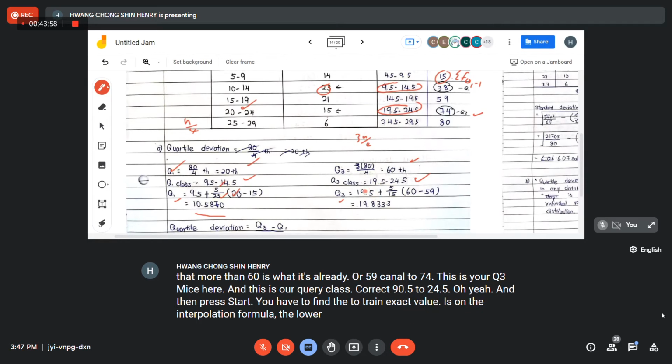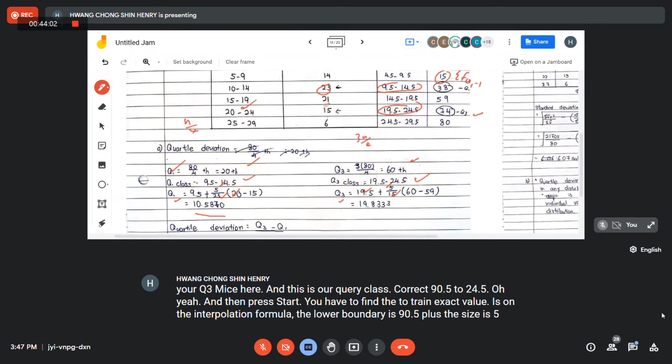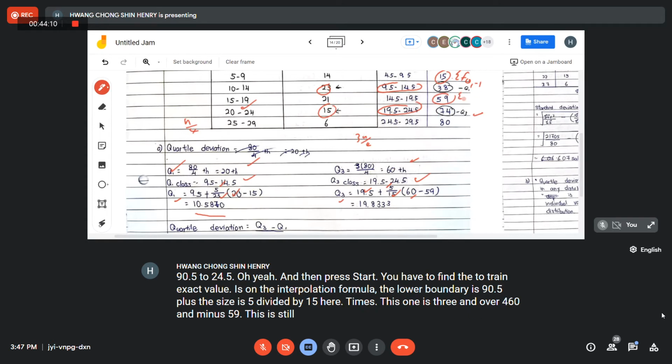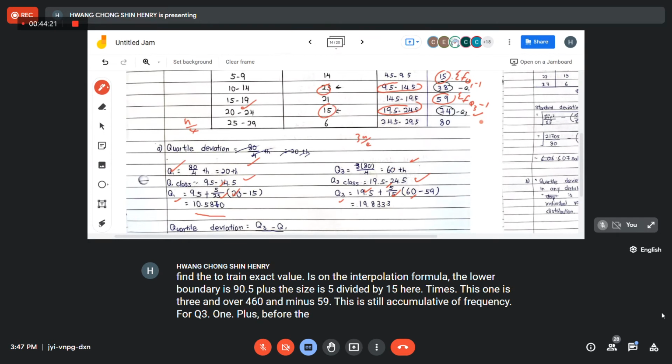The lower boundary is 90.5 plus the size is 5 divided by 15 here, times this one is 3n/4, 60, and minus 59. This is the cumulative frequency before the Q3 class, 59. So with the calculator, you get 19.8333.